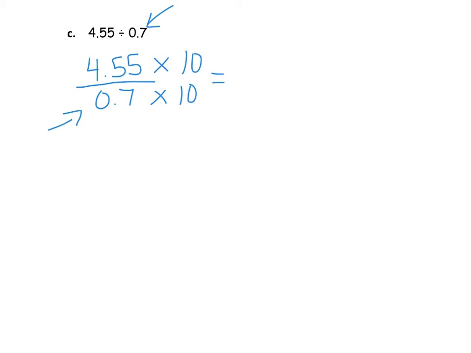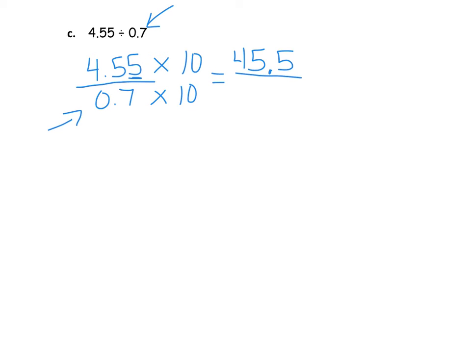Well, 4 and 55 hundredths times 10 means that 5 in the hundredths place is moving one place value larger, so it's going to be in the tenths. So tenths, decimal, ones, 4 in the tens. So 45 and 5 tenths.